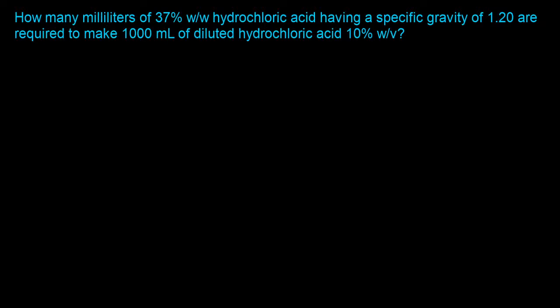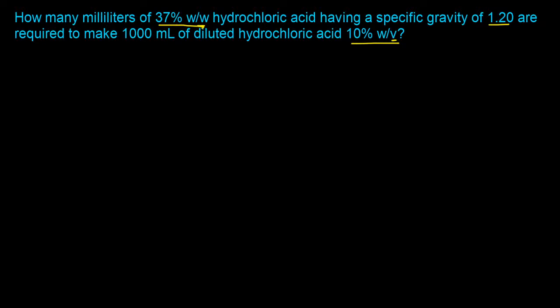Here, the first thing we notice is that we have a concentrated acid, which is 37% weight in weight. We have the specific gravity, and we want to make a 10% weight in volume. So notice you have weight in volume, that's a diluted acid, and weight in weight, concentrated acid.